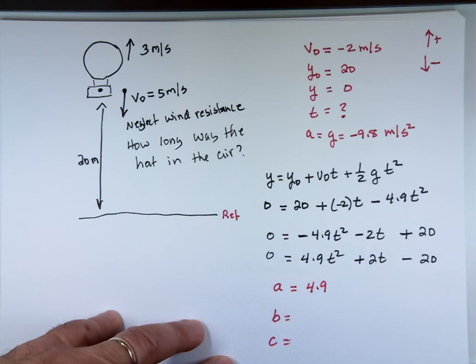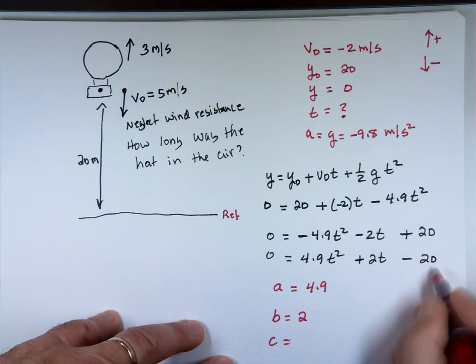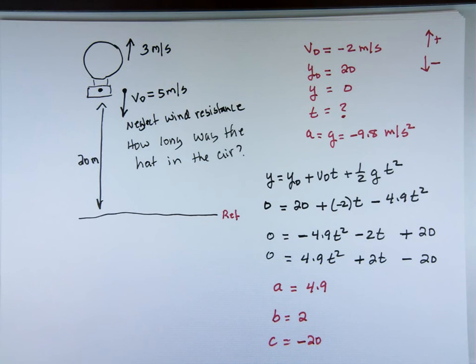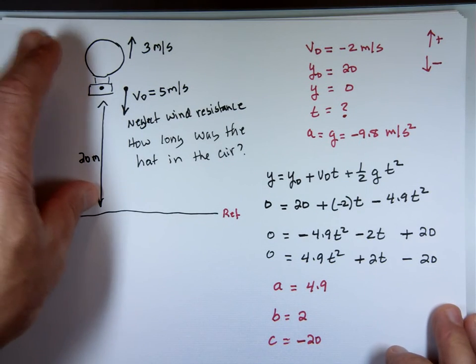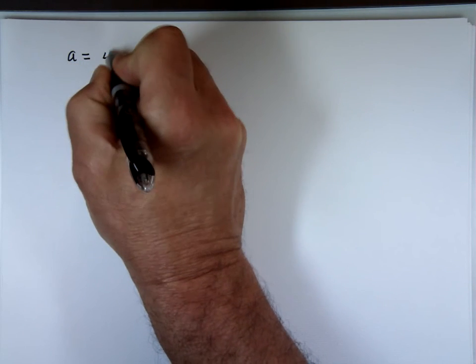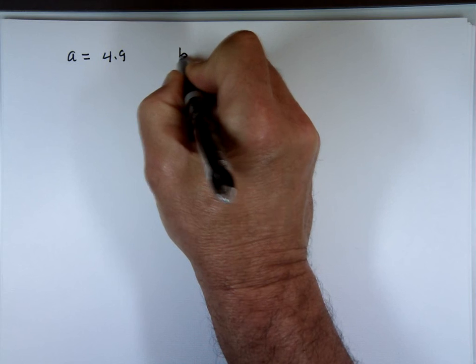B is the coefficient of t, which is 2. And c is the constant, which is negative 20. How do we solve that? Let me just write what I know here: a equals 4.9, b equals 2, c equals negative 20.